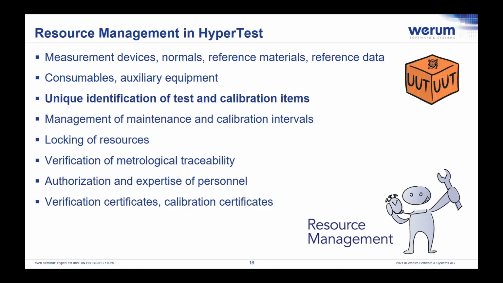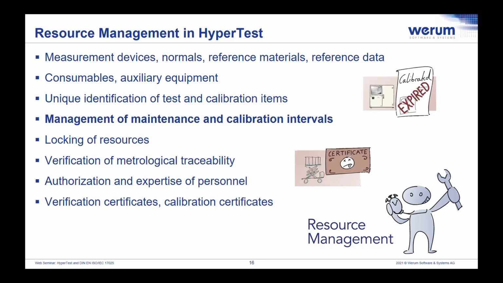To ensure that only qualified resources are used, it is appropriate to provide them with barcodes or RFID tags. You can then add a process step in HyperTest that checks the resource, in other words, reads the barcode or RFID code before releasing the measurements.